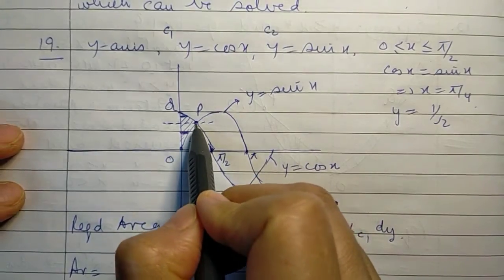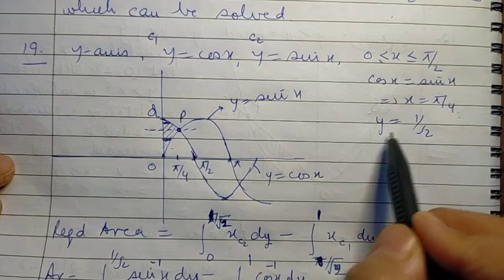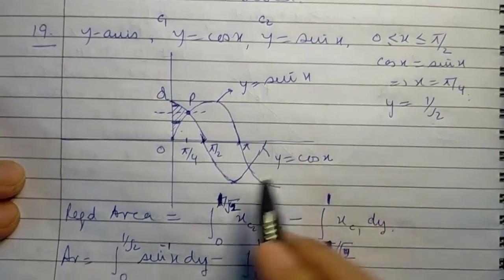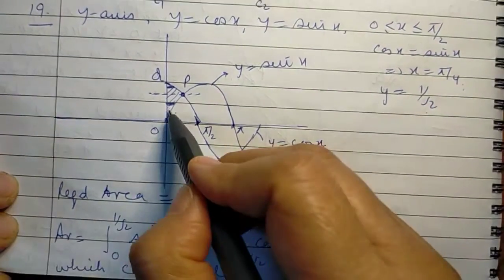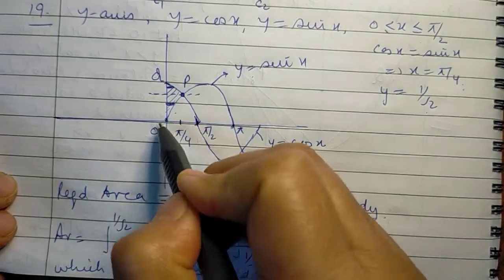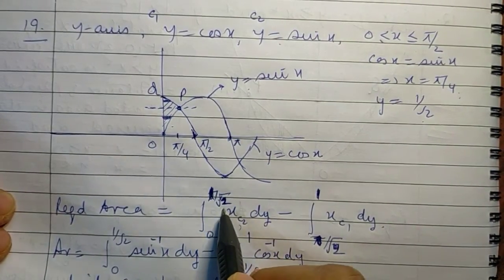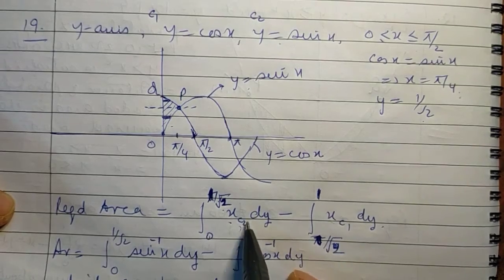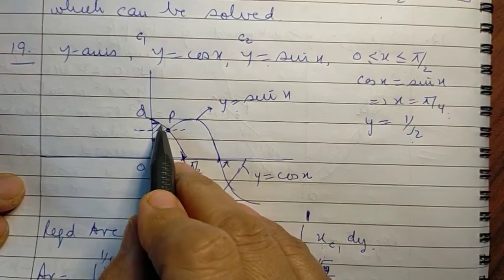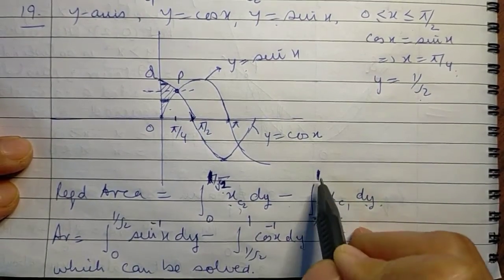And so if we first find the point of intersection, it comes out to be x equal to pi by 4. So corresponding to that, y comes out to be 1 by root 2. So the required area would be x on the second curve, which is sin x, from 0 to 1 upon root 2, minus x on the first curve, which is cos x, into dy from 1 upon root 2 to 1.